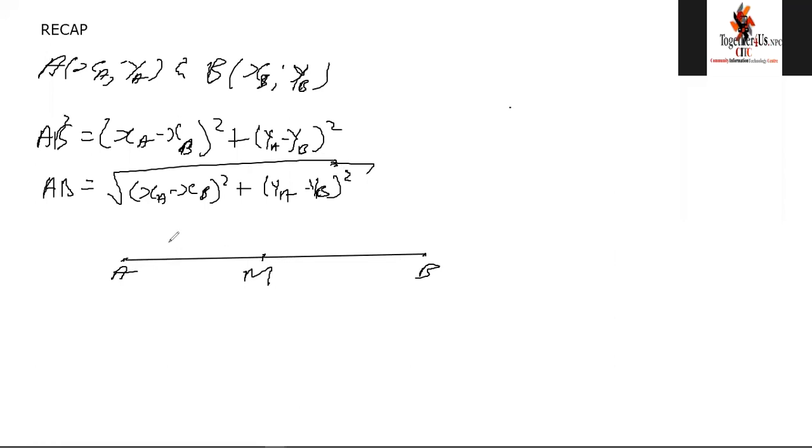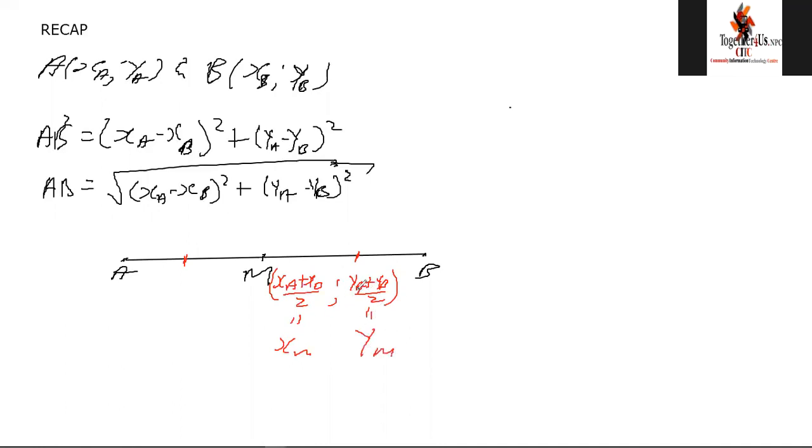So in other words, this line AM is equal to line MB, and the coordinates of the midpoint is then XA plus XB over 2 and YA plus YB over 2. That's what we've got. Okay, so I hope you can see that actually then XM is equal to that thing, and YM is also equal to that thing.